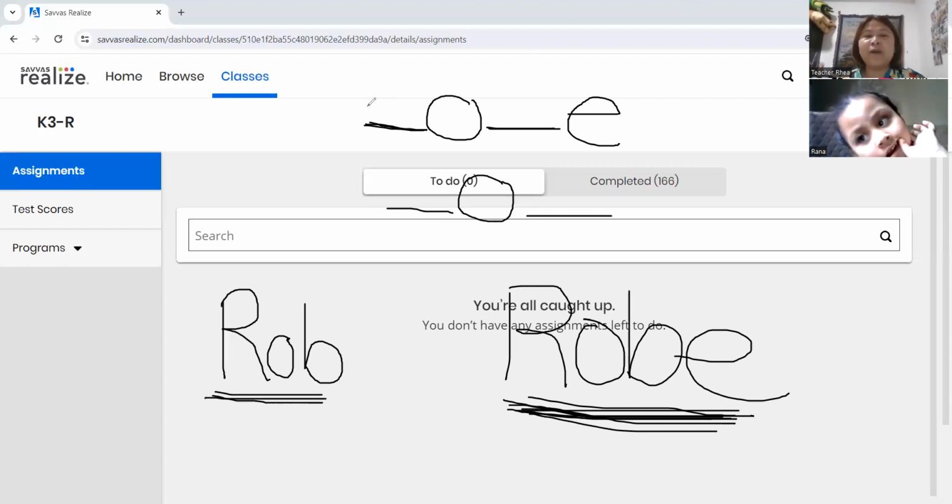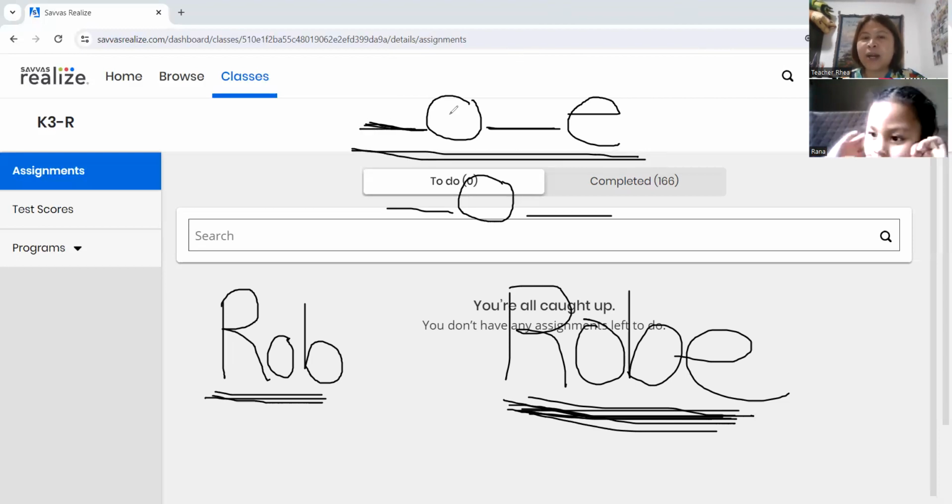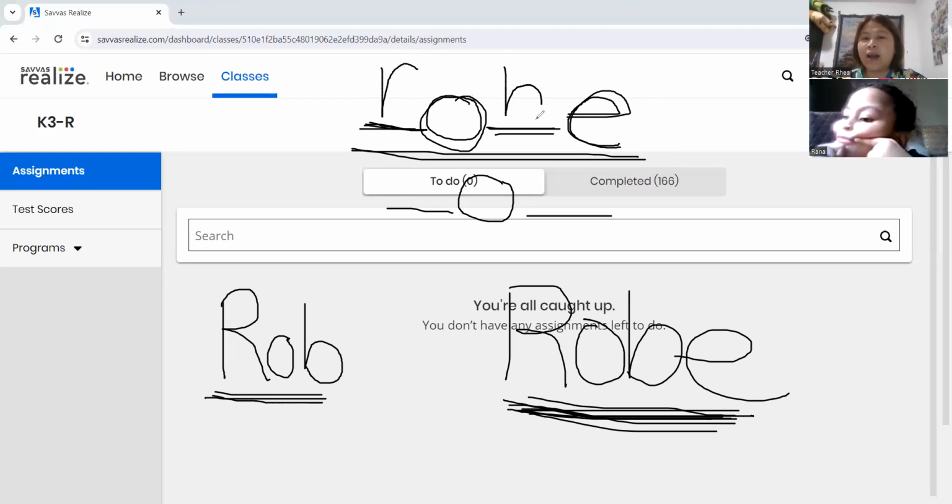So always remember, Rana, that if the spelling of the word looks like this, with a consonant letter, then the O, another consonant letter, and E, it's a long O sound, like robe.